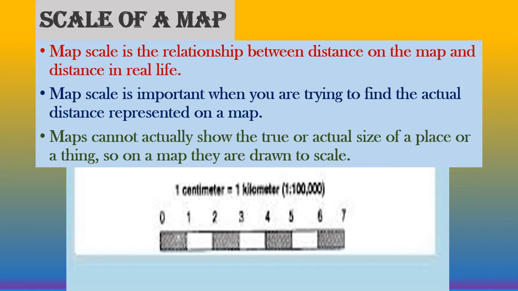We measure the distance between two points of interest on a map using the ruler. So what is the purpose of map scale? Map scale is important when we are trying to find the actual distance represented on a map.